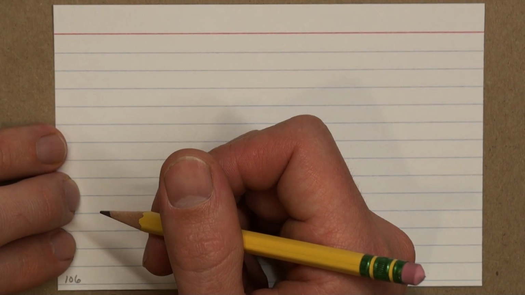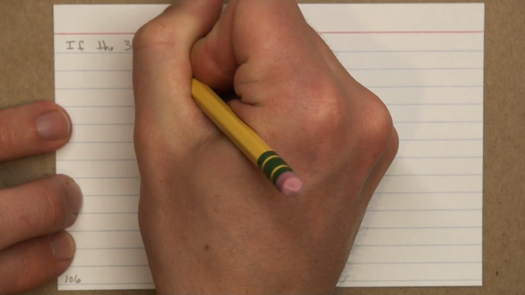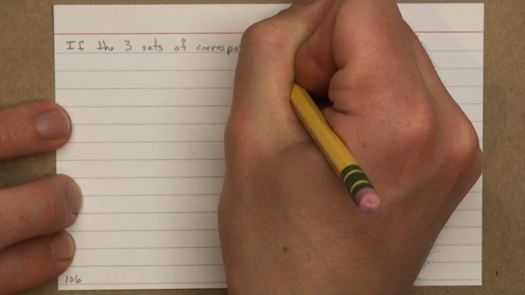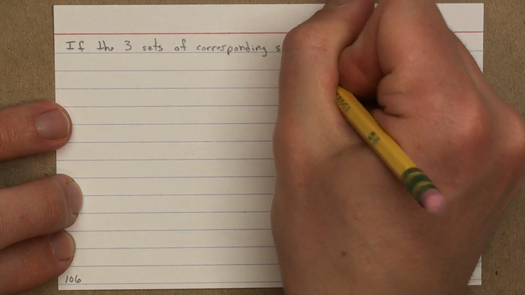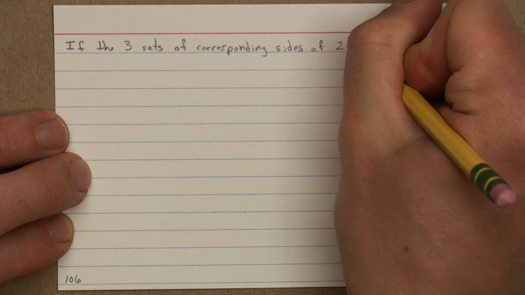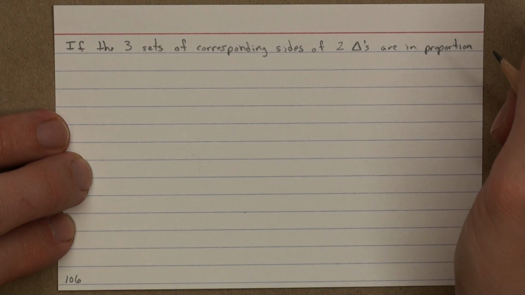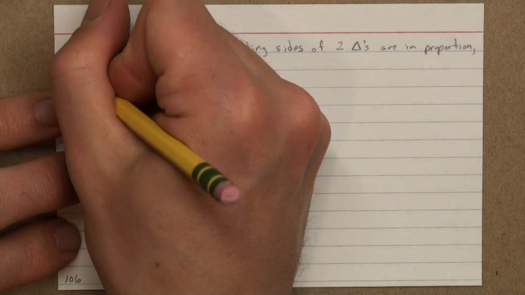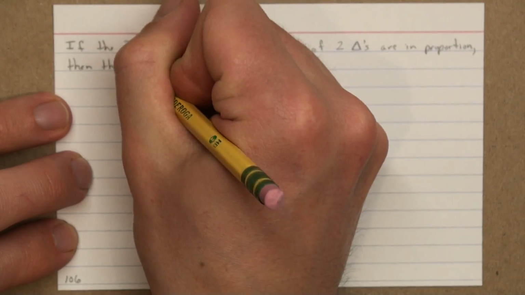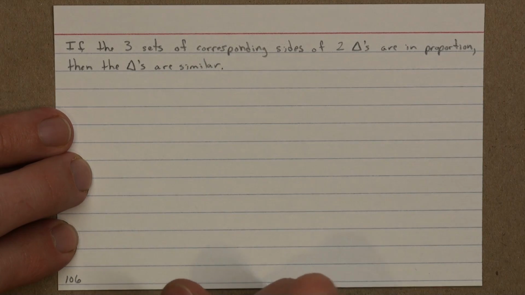So if the three sets of corresponding sides of two triangles are in proportion, then the triangles are similar.